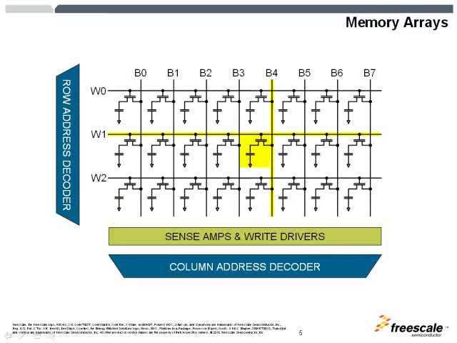So when a row is selected, all the transistors on that row will be activated. Hence, by activating a row address, all the information on that row will be transferred by sense amplifiers into the row buffers.